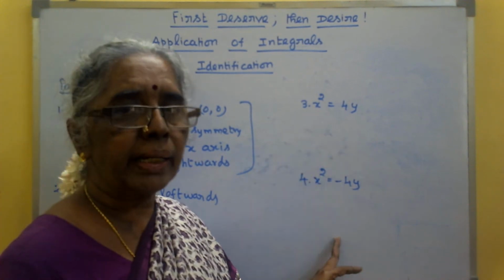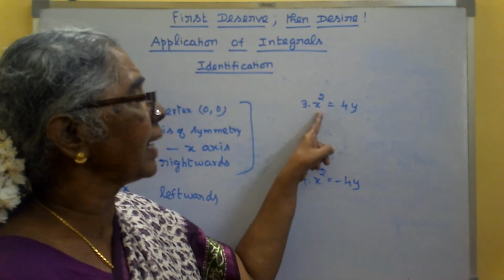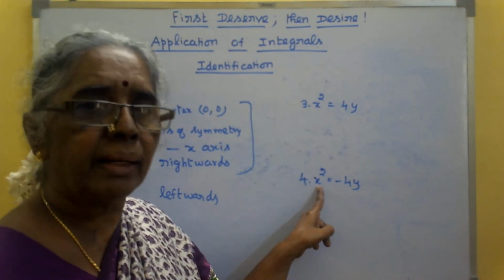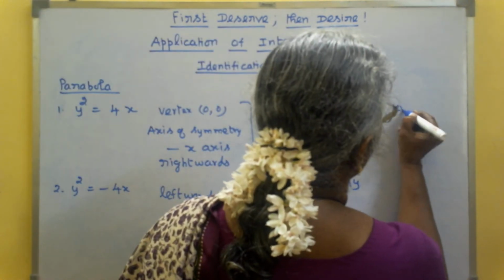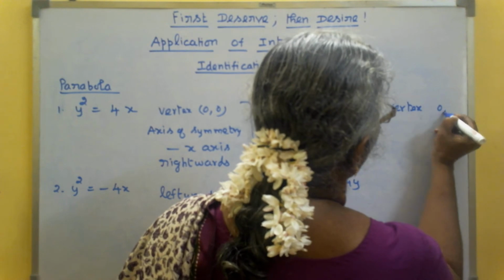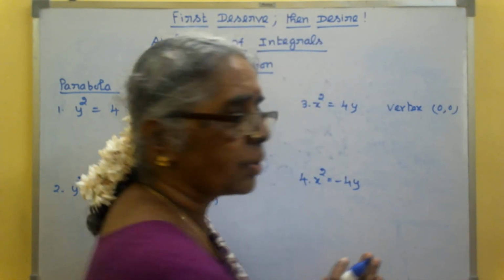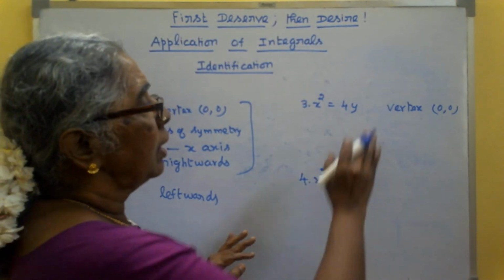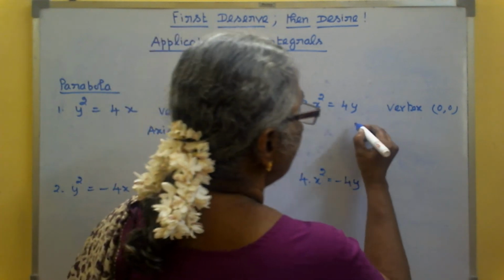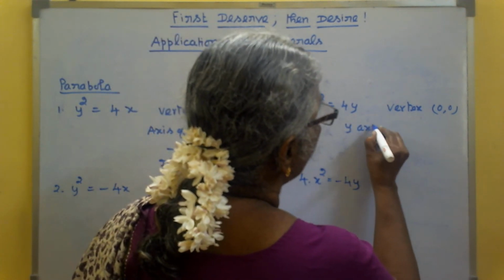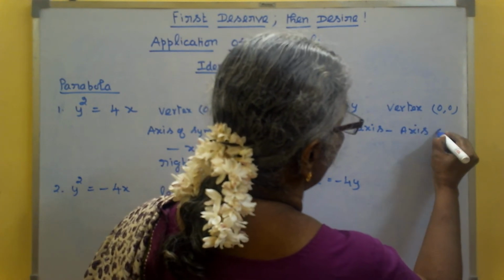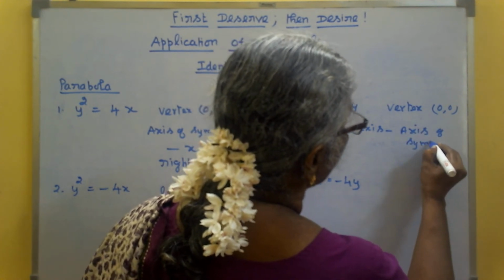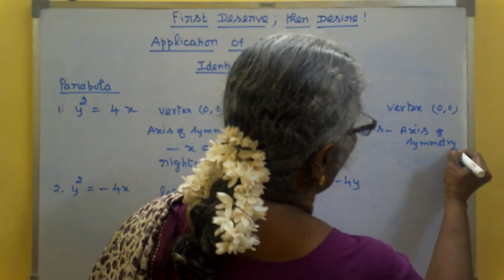Now let us come to 3 and 4. In these two, you have x squared on the LHS, right? When you have an x squared, the vertex is going to be 0, 0, as I already told you. There is no change in the vertex for all these 4 standard parabolas. Here, the y-axis will become the axis of symmetry for both 3 and 4, because you have an x squared.